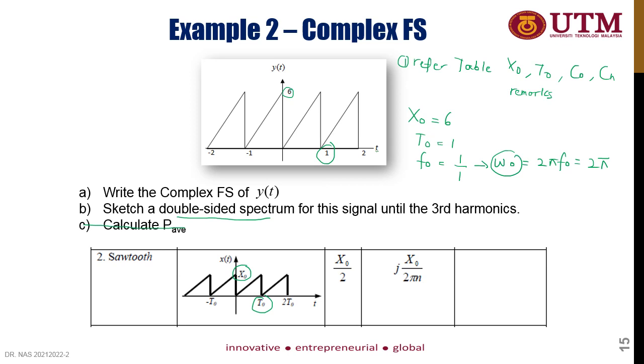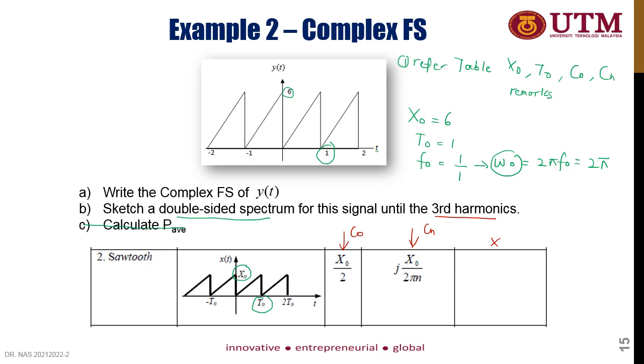So what else? You have the C naught, and this is your Cn. And no remarks. So all n values need to be included up to third harmonics. So don't forget the general equation.